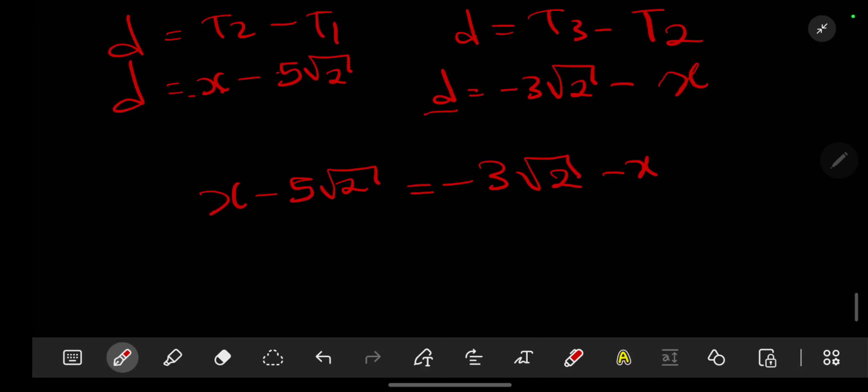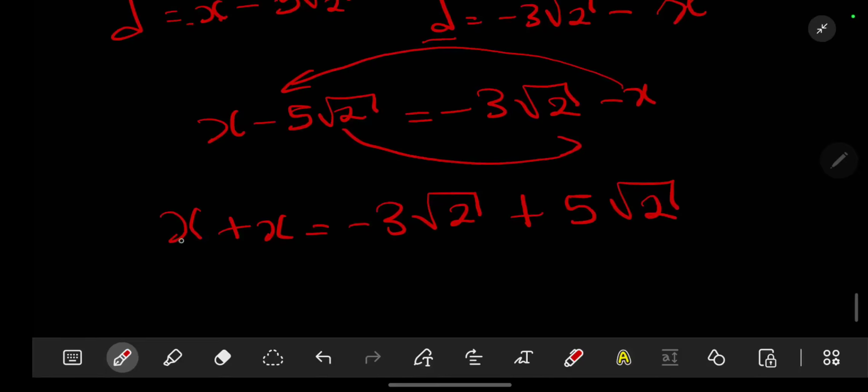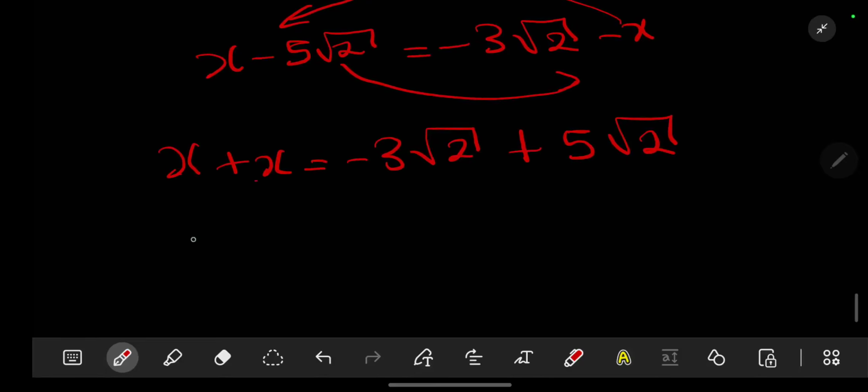This gives us, if we take this value this side and this value this side, x plus x should be equal to negative 3 root of 2 plus the 5 root of 2. So x plus x gives us 2x should be equal to negative 3 plus 5, which will give us positive 2.